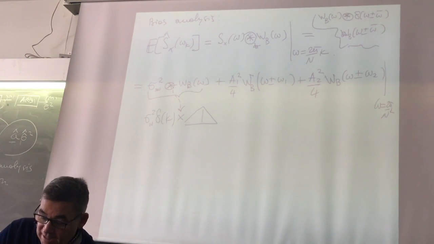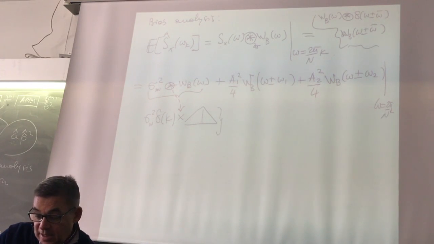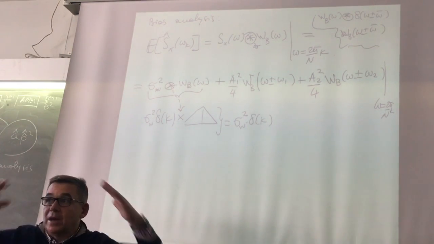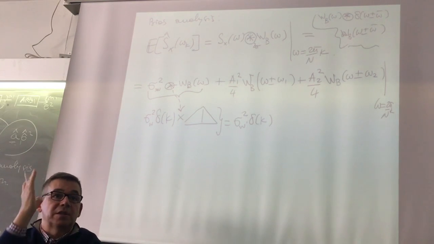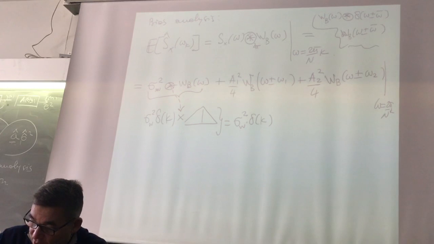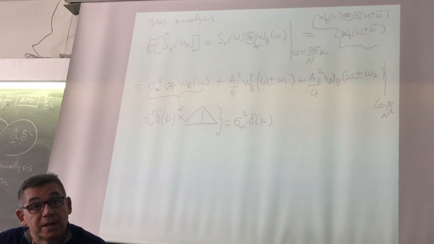But this is a delta and this is a triangular window, so the multiplication gives me sigma squared W times delta K, because I'm multiplying by a triangular window, and the triangular window in the center is 1.